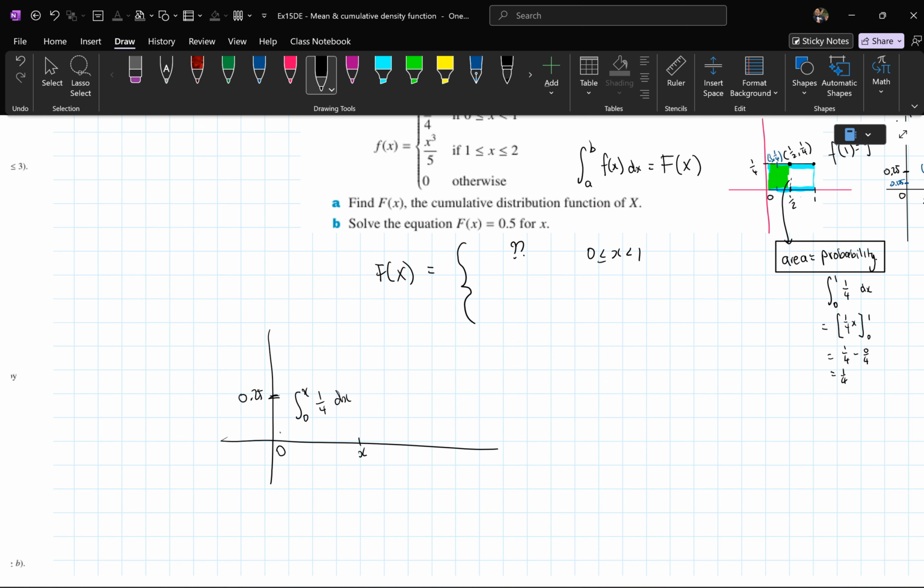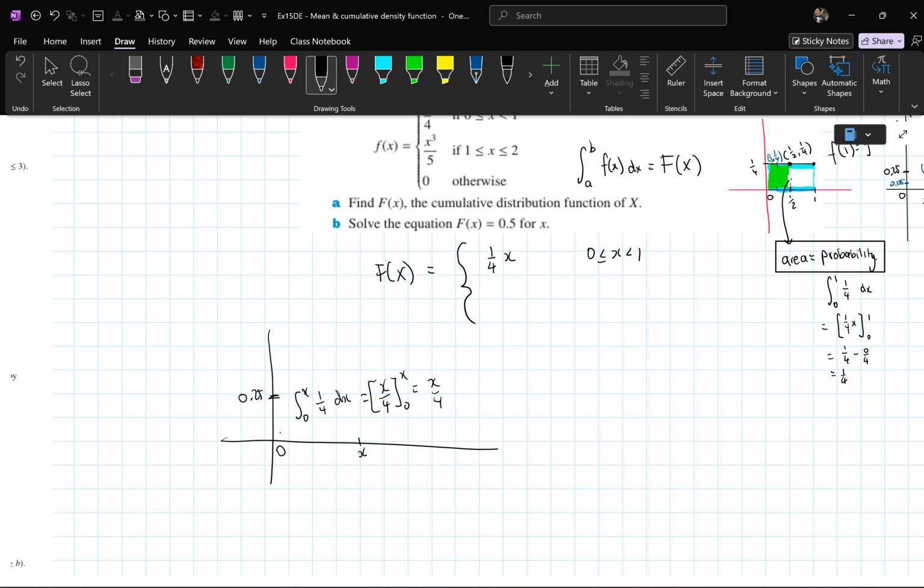That's it. Okay, why did I put a 0 to x? Because I've got an interval, 0 to 1. I just need it to be a function of x. Yeah? So in this case, we already know that integration of a quarter is just x over 4. Right? And if you sub in 0 to x, that just gives you 0, x, that's just x on 4. So that means it's a quarter of x.